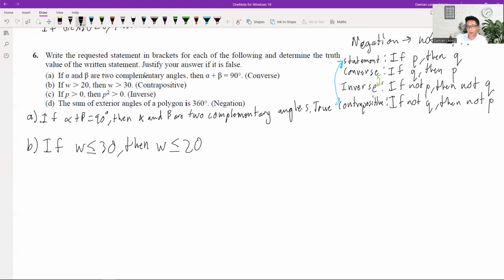This would be false. Less or equals 30 doesn't mean less or equals 20.